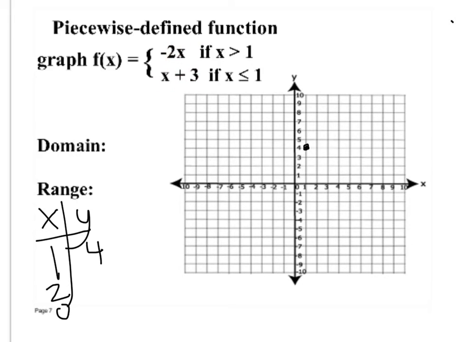If I pick 2 for my x, I use negative 2x because this says that x is greater than 1. Is 2 greater than 1? Of course. Yes, 2 is greater than 1, so I use this function. So it would give you negative 4, right? 2 times negative 2. So I go 2, negative 4. That's going to be a point.